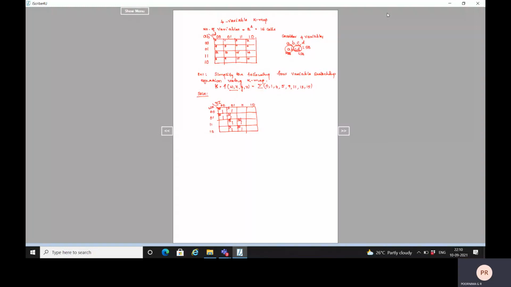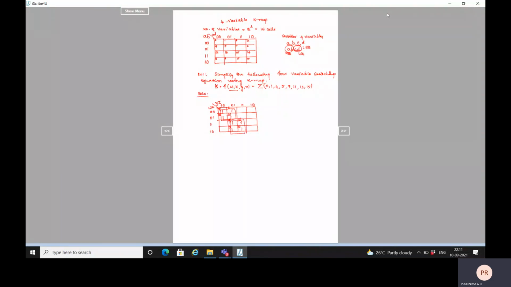Now, after placing these minterms onto the K-map, grouping has to be done. During the grouping, we have to see how many maximum adjacent cells can be grouped. If you look here, 0, 1, 4, 5 can be grouped. That is one grouping we can make. The second grouping is 13, 15, 9, 11.